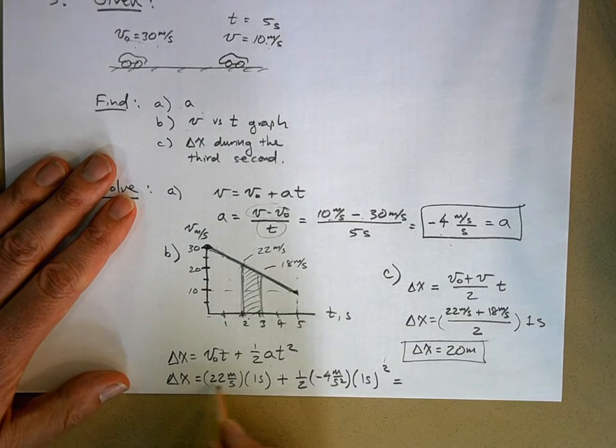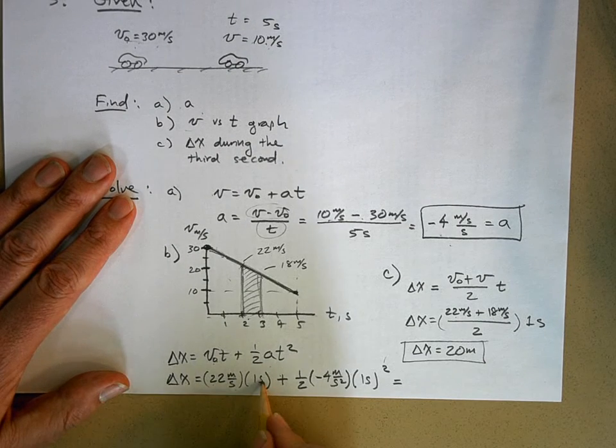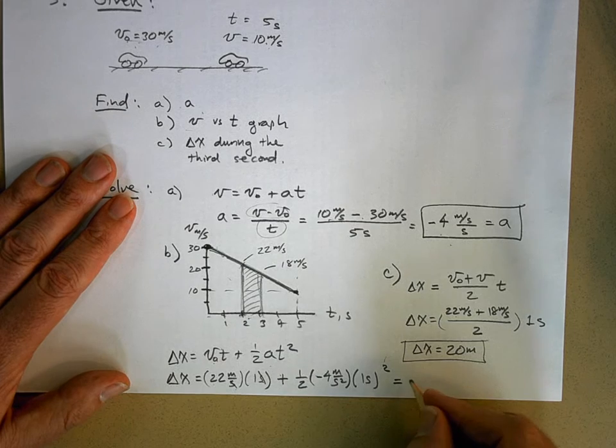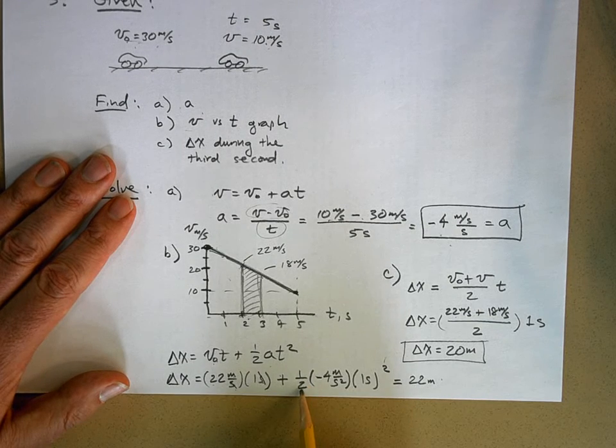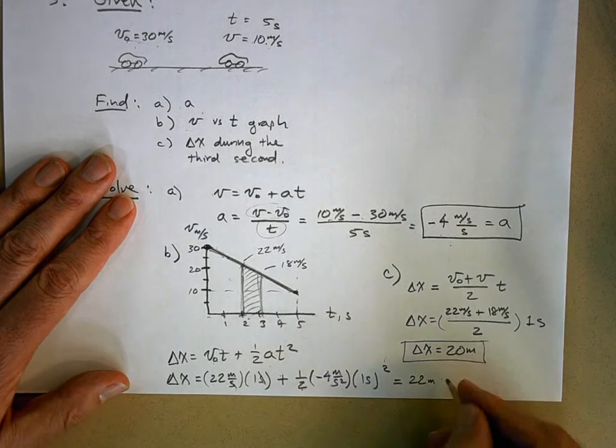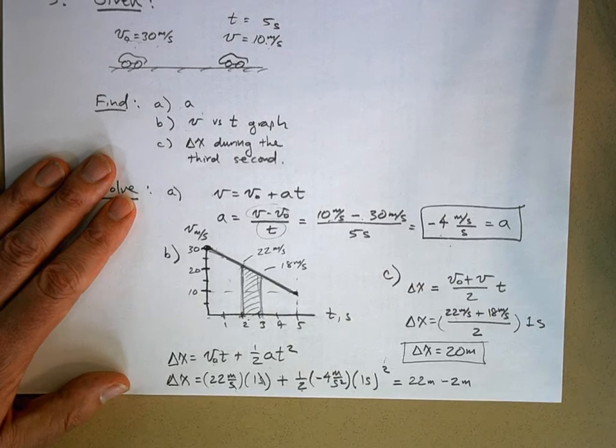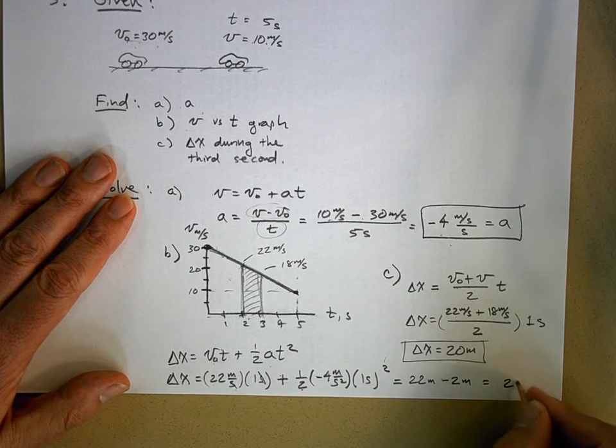So this is equal to, well, 22 meters per second times 1 second is 22 meters. And then half of 4 is 2. 2 times, well, 1 squared is 1. So we end up with negative 2, which is equal to 20 meters. It agrees.